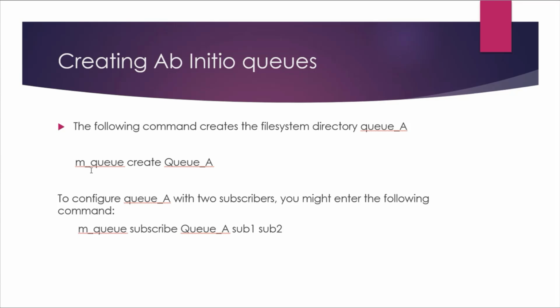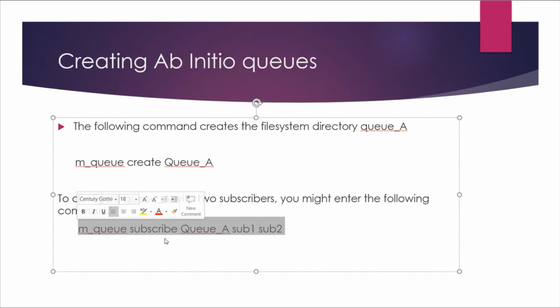So when you subscribe this queue to the subscribers, for example here you have subscribed this qa directory to two different subscribers, sub1 and sub2, then two different directories will also be created, sub1 and sub2, having a private cursor for each. They will have their own cursor, which will hold the state of the records being read or processed at a point of time.